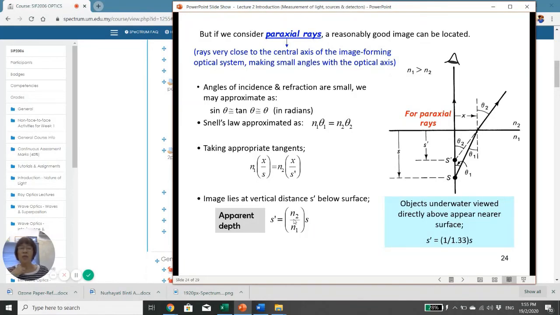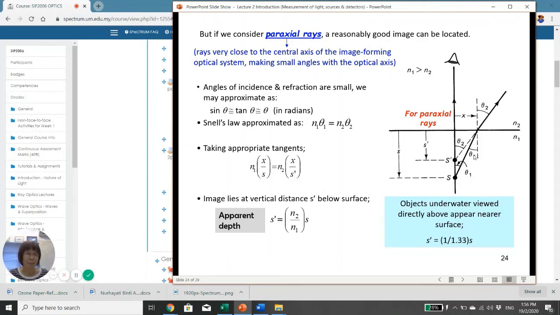Now, if we were to consider paraxial rays, that is rays which are very close to the central axis, which is the normal here, where there's no bending, then this ray, of course, this diagram is drawn over-exaggerated so that we can see this angle clearly, but in actual fact, if they are very close to this central axis, then this ray should be drawn very close, making a very small incident angle. So we are making an approximation here.